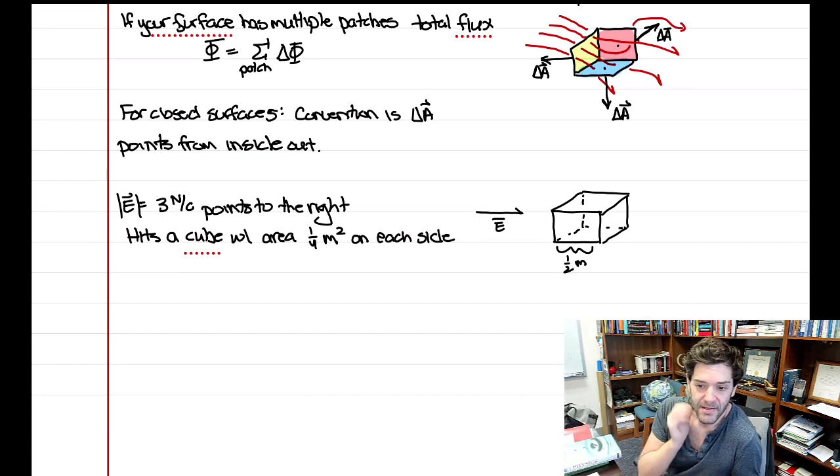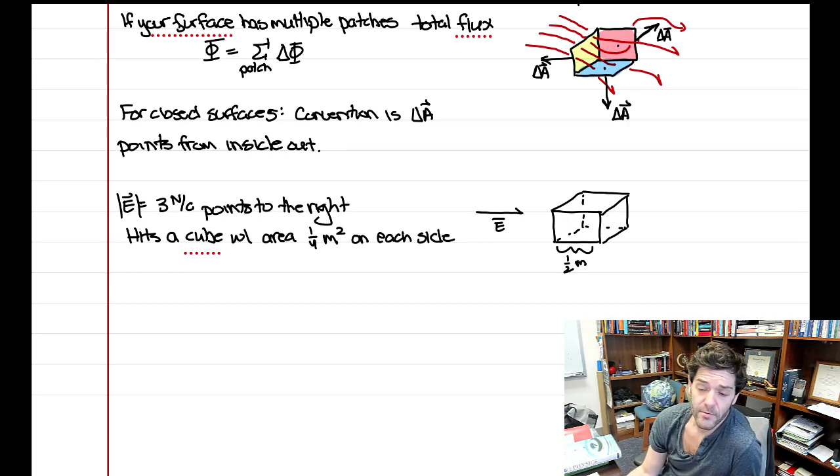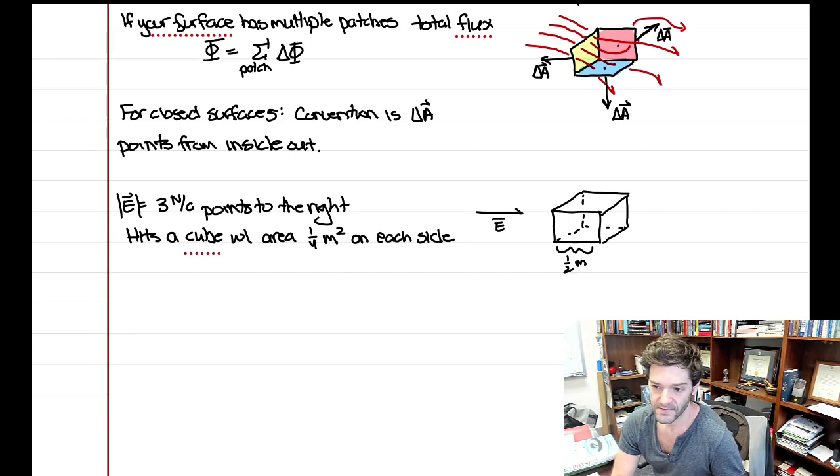And I want to ask myself, what is the flux through the entire cube, and maybe I might want to consider some individual sides of the cube in this case.